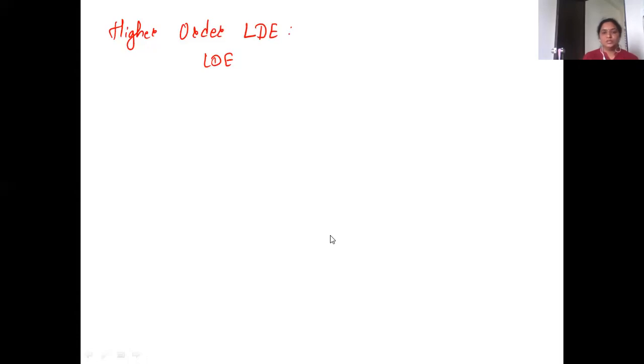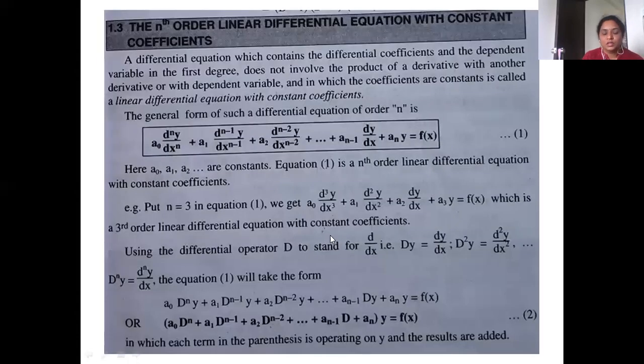A differential equation which contains, please note down, the differential coefficients. What does it mean? Differential coefficients, derivatives, like dy by dx or any other term.